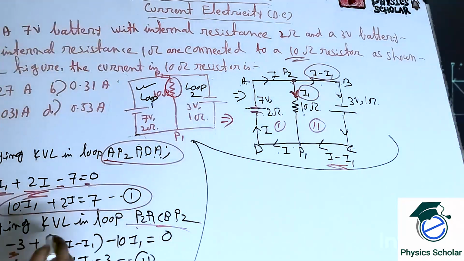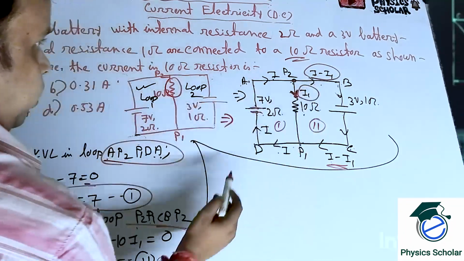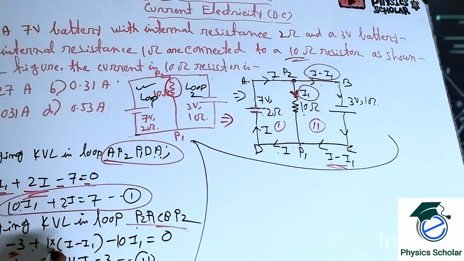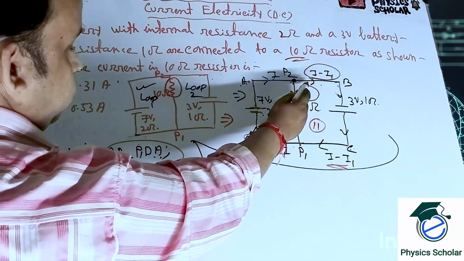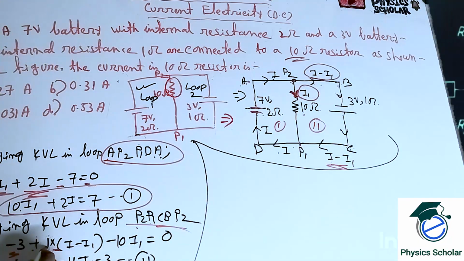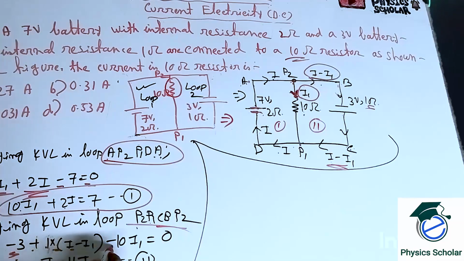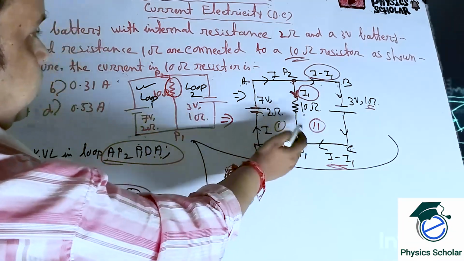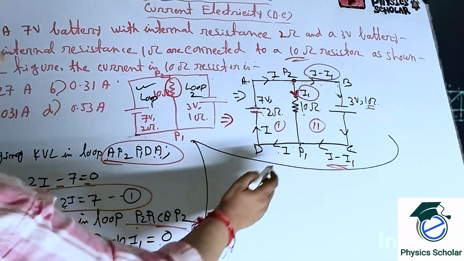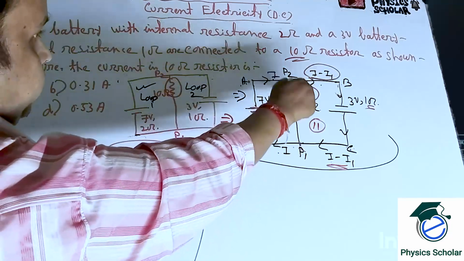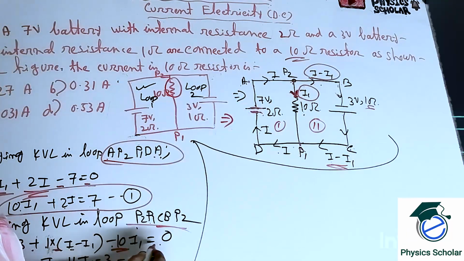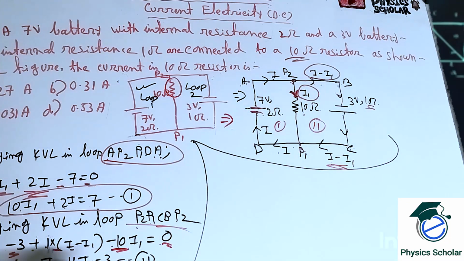Then plus 1 into I minus I1, since 1 is the resistance, minus 10 I1, because the current is flowing like this but we are taking it the other way, is equal to 0. So I minus 11 I1 is equal to 3.